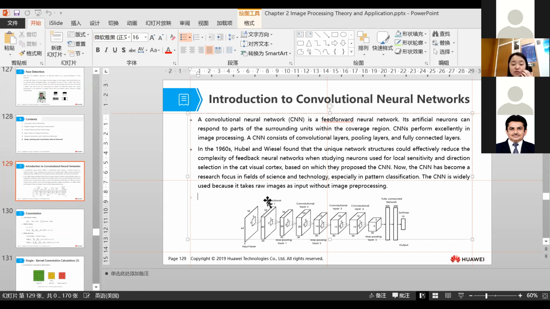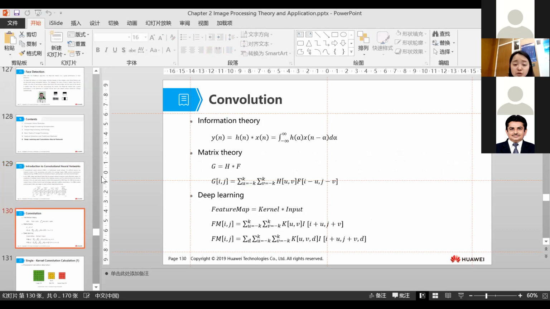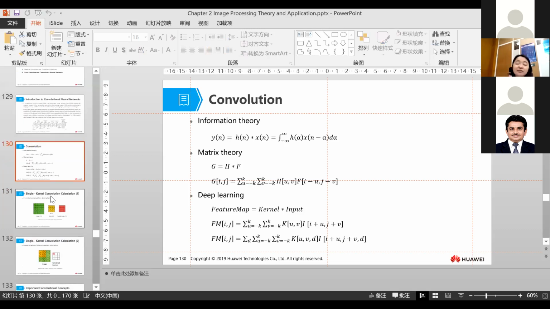As we just mentioned, convolutional neural networks always contain 3 types of layers: convolutional layer, pooling layer, and fully connected layer. Let's have a look at them one by one. First is the convolutional layer. The first thing we're going to talk about is the convolution calculation. Convolution was first introduced in information theory.